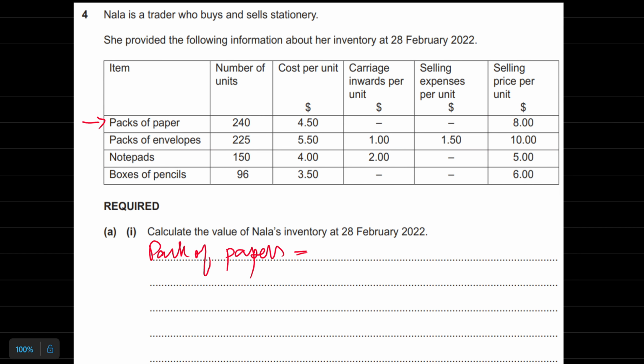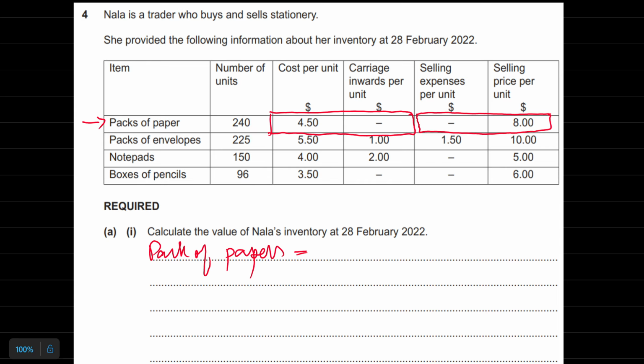In pack of papers, what is cost? As we already discussed, cost is purchase price plus carriage inward. So this is 4.5. And net realizable value is selling price minus any expense to sell or cost of completion.